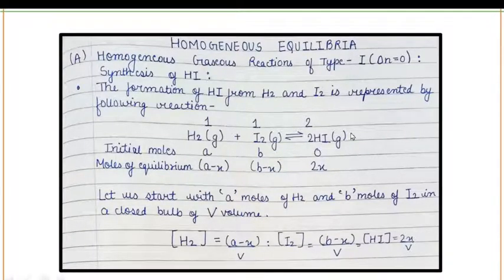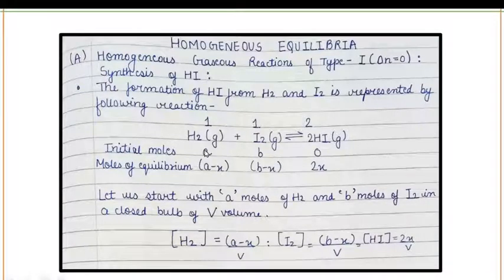Because we have to take a reaction in which the value of delta N will be 0. As you can see here, number of moles of product are 2 and number of moles of reactant are also 2, one for H2 and one for I2. When you subtract number of moles of product minus number of moles of reactant, that will be equal to 0, which means delta N value is 0.